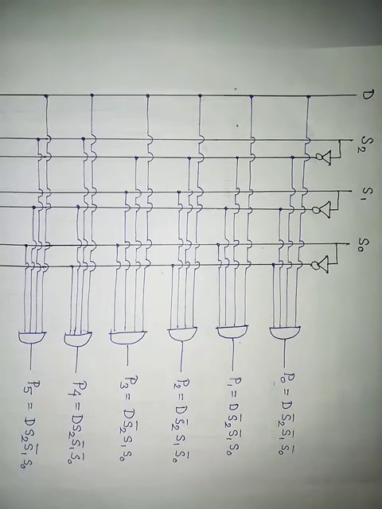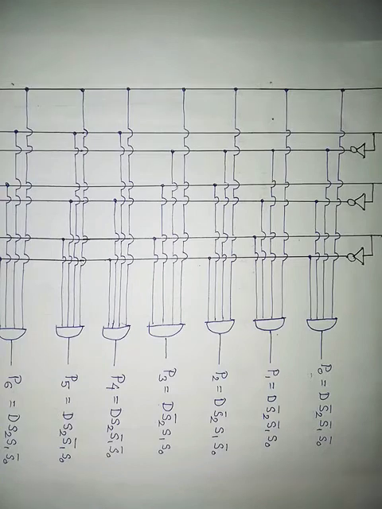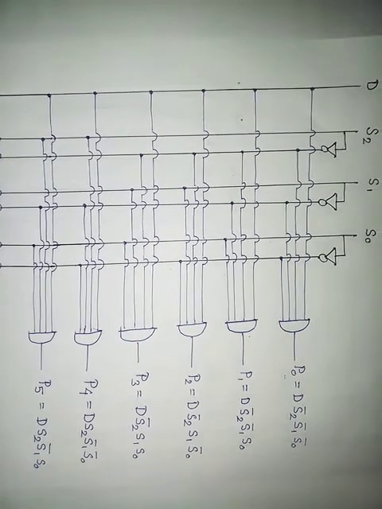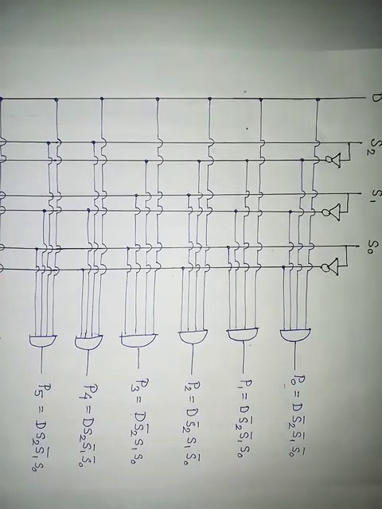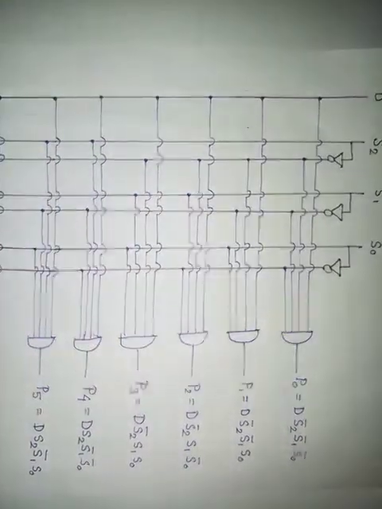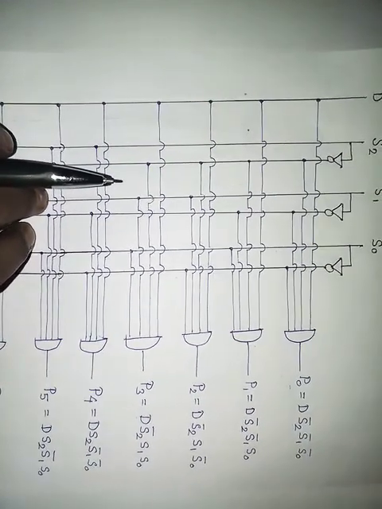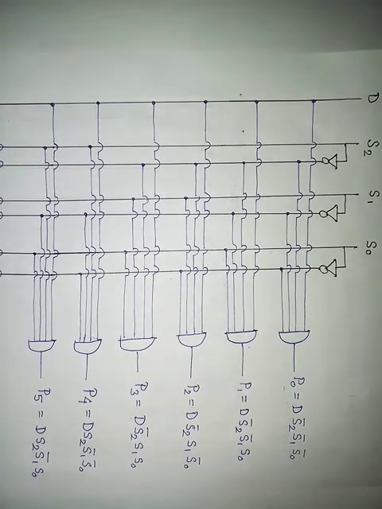Coming to its P1 part, in P1 binary code is 001, that is our last part is 1. So S0 is our real part, so S0 is created from real term and other two are from our inverted line.